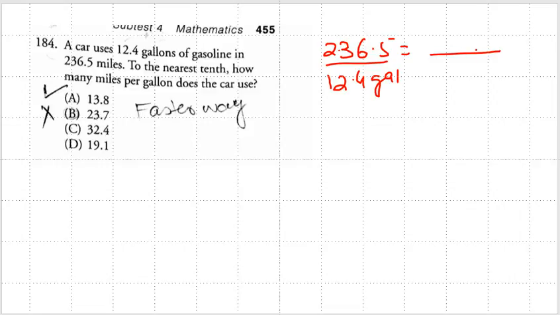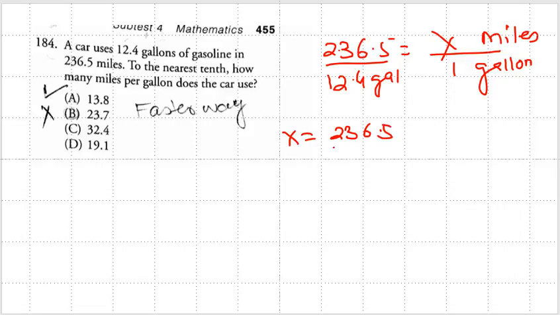Miles per gallon, how many miles it will go in 1 gallon? Let's call it X. X equals 236.5 divided by 12.4. Roundabout, let's make 236 approximately 240.